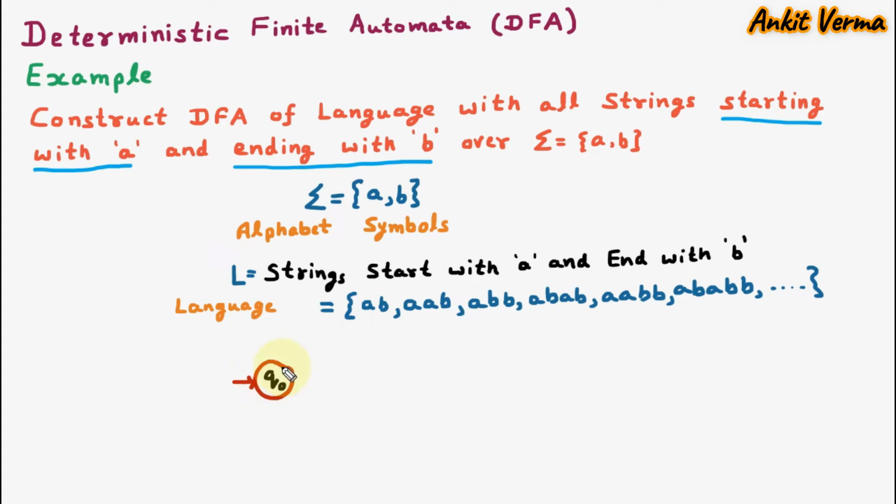We are on the initial state Q0, and suppose that A comes, then we have to change the state.